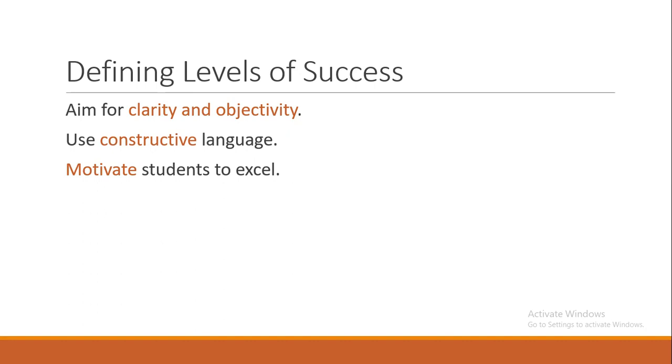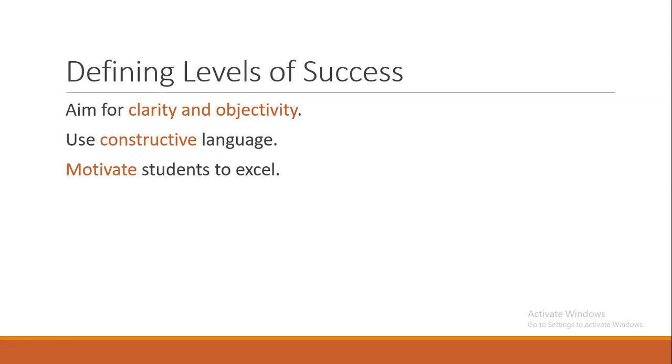You can't always be 100% objective, but try to write your success definitions in ways that lean toward objectivity, and also clarity, so that the difference between one level and the next is easy to discern. This will save you time when you're grading, because it will make it much quicker to choose one level.